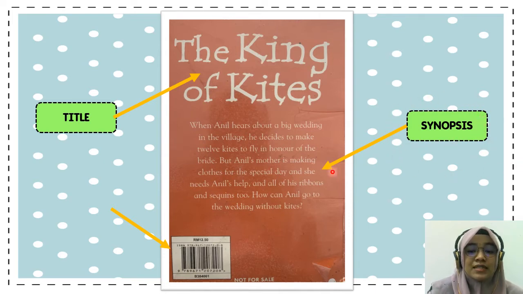Synopsis is the summary of the story line. Basically, synopsis is the short form of the summary. You are able to know the synopsis of the story before you read, so you might be able to understand what the story is about.